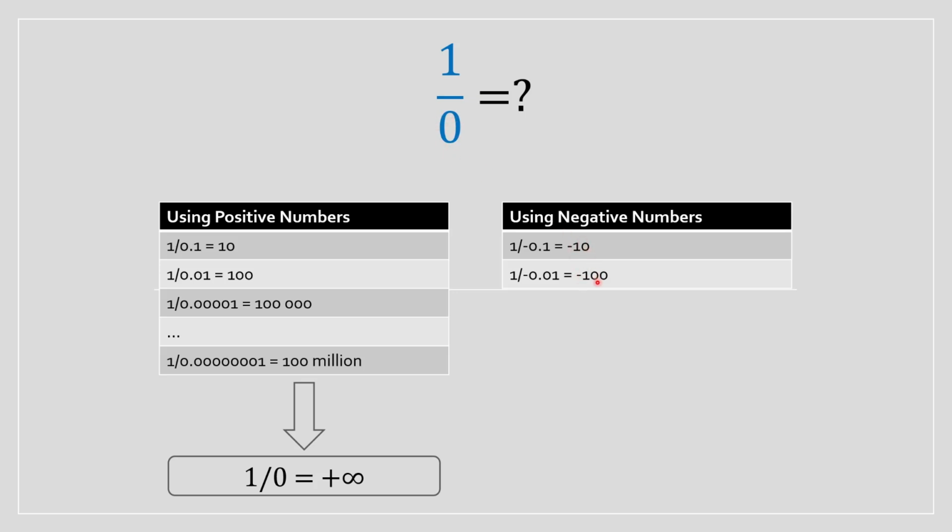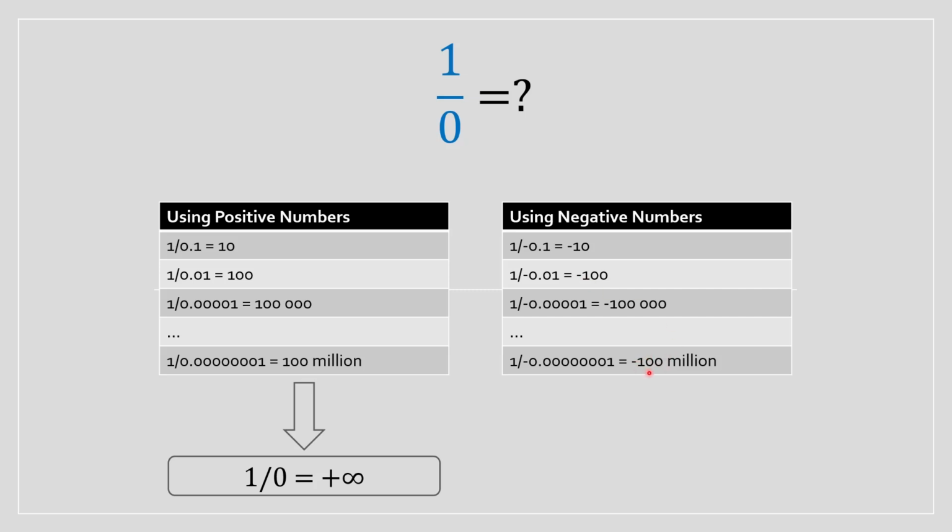And notice the values are getting increasingly larger, but they're becoming negative as a result. So if you continue this trend, as you can see, the denominator starts to slowly approach 0, right, from the negative, and the values we're going to be obtaining are extremely large negative values.